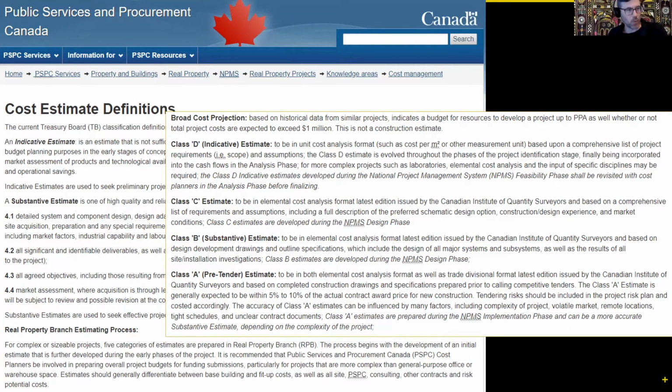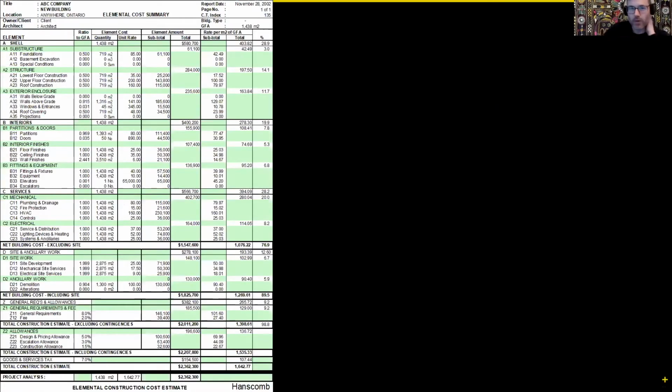It's gone way over budget by 50%, or is that 50%? Well, actually what you'd find is in the definition of a Class D cost estimate, that's an acceptable tolerance. So something to keep in mind there is precision: when we're talking about the cost estimate, what class are we talking about, so we can factor in the variance or margin of error that can be expected based on the detail available.